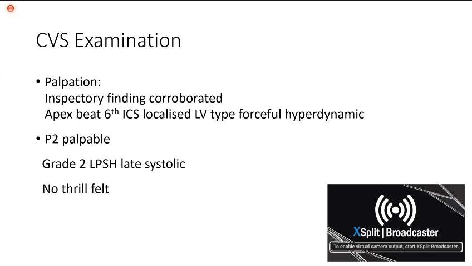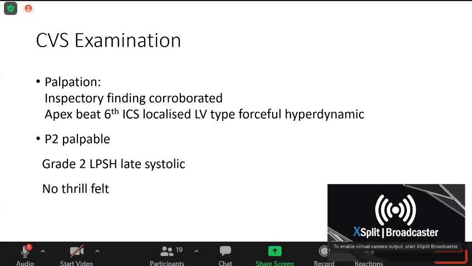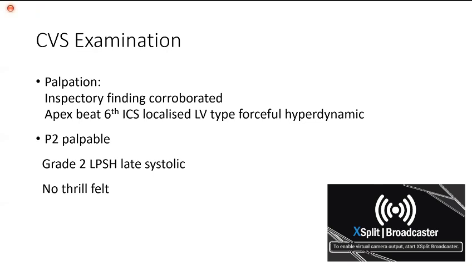Can the RV pulsation be felt in the third intercostal space? Yes, sir, it will be RV outflow pulsation. What are the conditions in which you can get RV outflow pulsations?